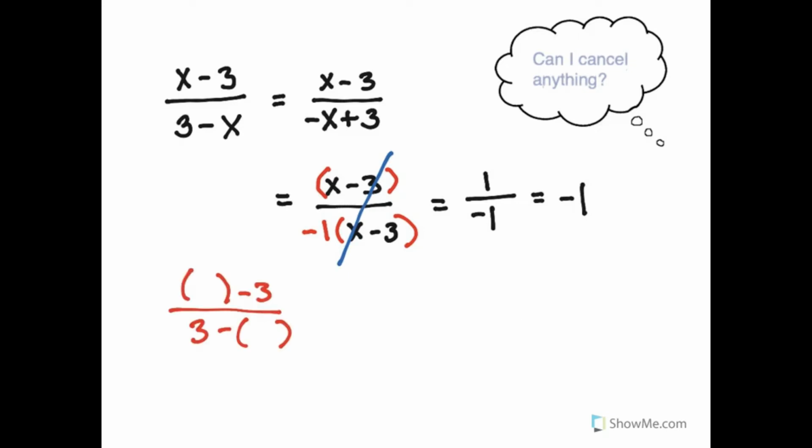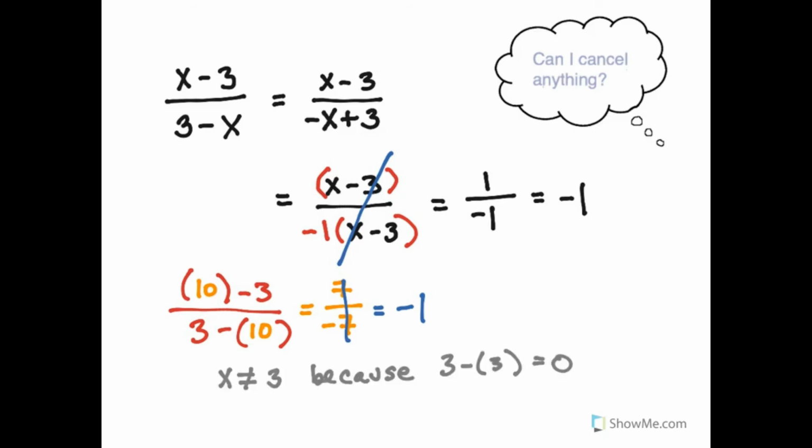If you take the original expression and try it with a number, any random number, we're going to try it with 10. I have 10 minus 3 on the top is 7, and 3 minus 10 on the bottom, it's -7. It does simplify to -1. And in general, any number you try except for 3, because 3 gives us a 0 in the denominator, but any other number that we substitute for x will turn out to simplify to -1.